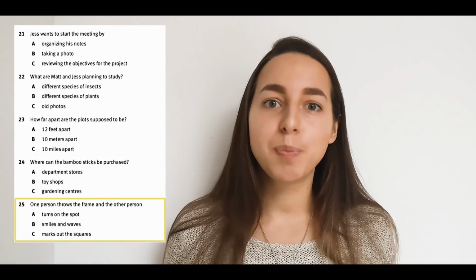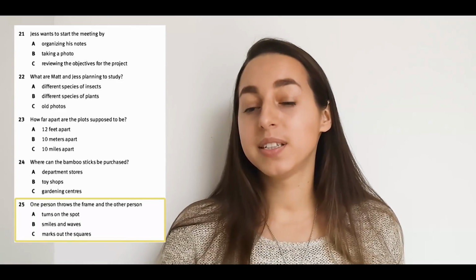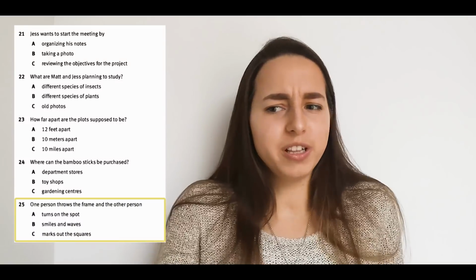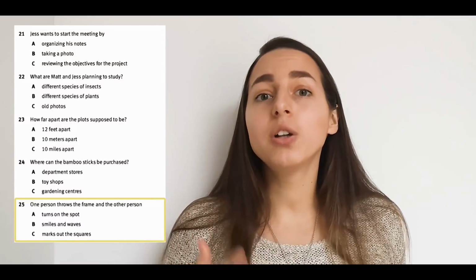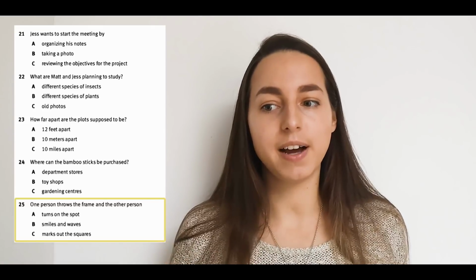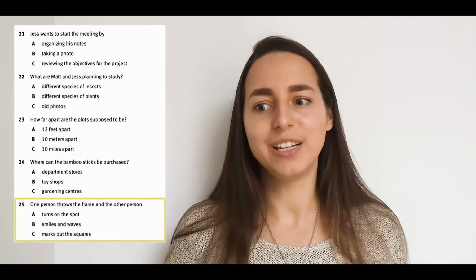And then turns on the spot, well, might be, but for our studying of the plant species, turning on the spot is not really relevant, right? So even without hearing the recording, just thinking about it, we can already identify that options A and B are probably out, they're not relevant.